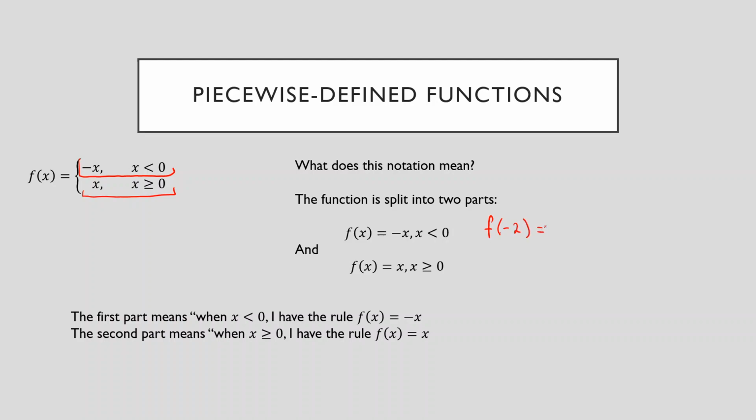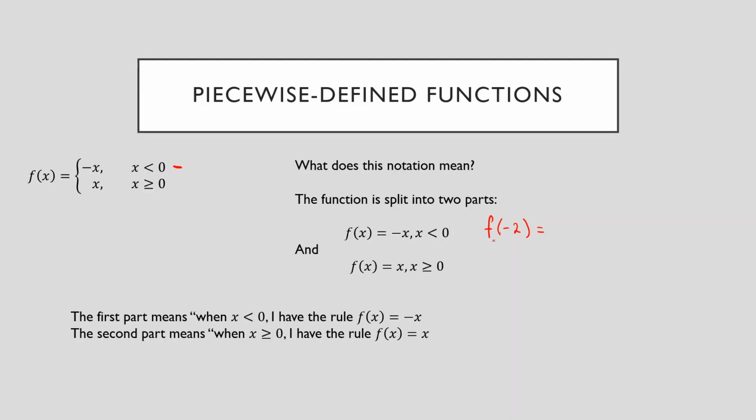And how would you work something like this out? Well, you go back and look at your rule. The value of x that we're inputting into our function is less than 0, which means to evaluate our function, we need to use this part, because our function is defined to be negative x whenever x has a value less than 0.